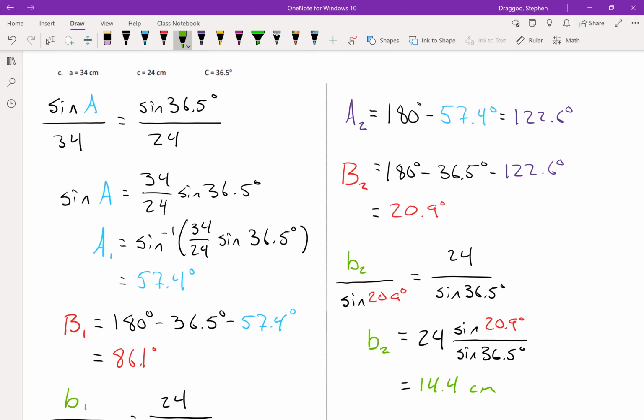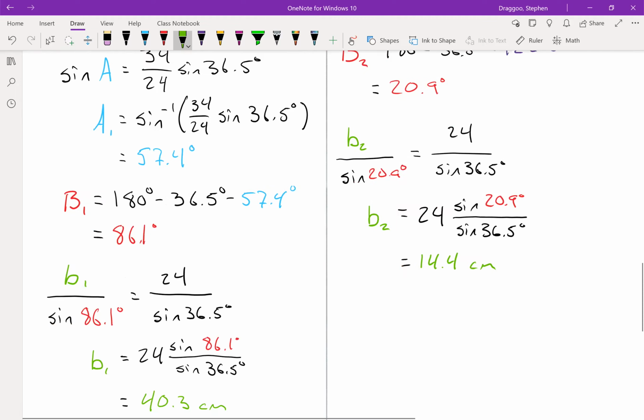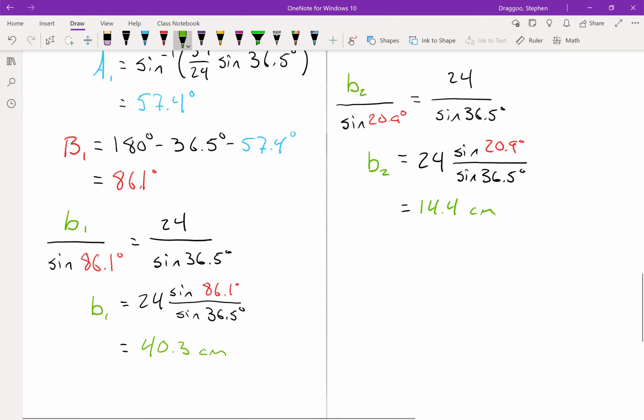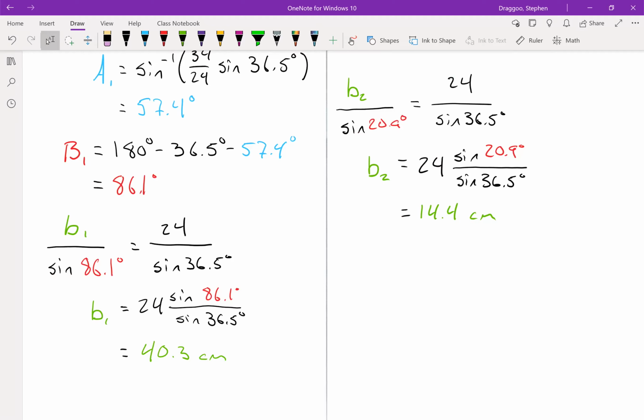And then each of these two triangles will have their own areas, so we'll solve for them independently. On the right side, we'll call it area 2. Since our given information has both side C and A, I'll use the area equation that uses those two sides.